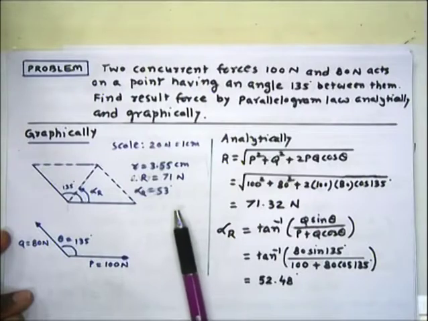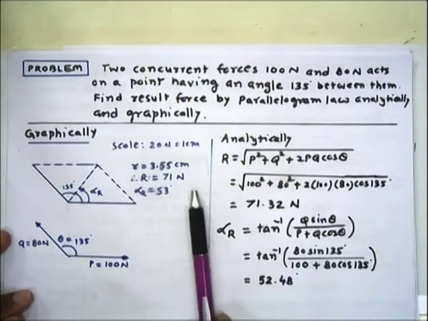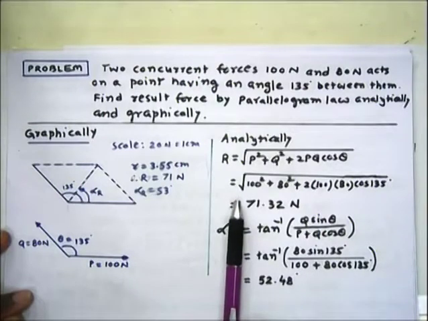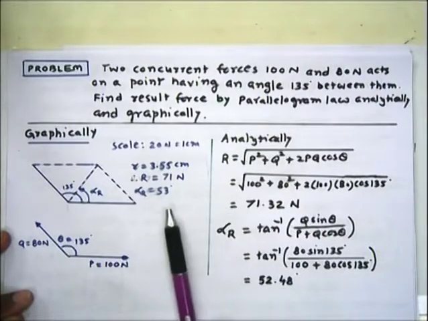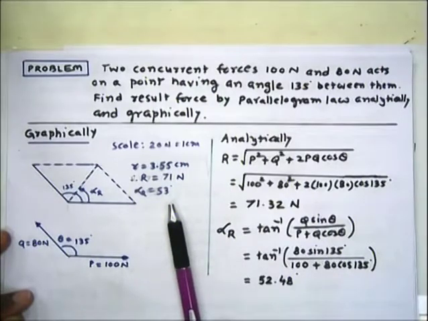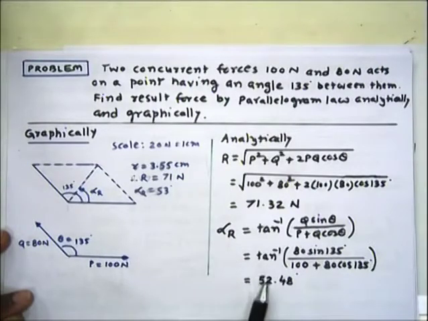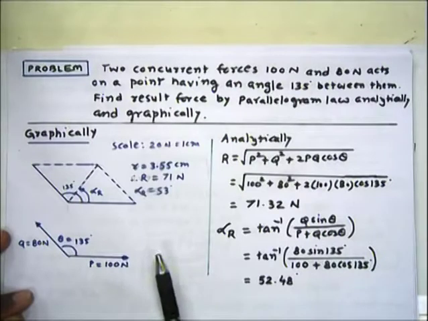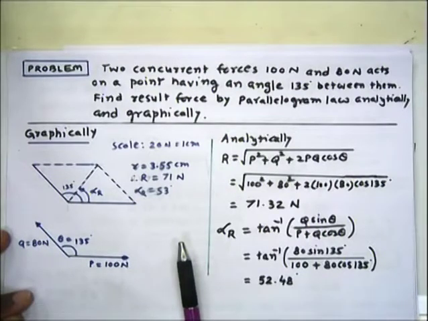These two methods actually give you almost the same values. Comparing angle alpha R, here we are getting 53 degree, while here it is coming 52.48. So these values are very near. This is how the problem of finding resultant force by parallelogram law can be solved graphically and analytically.